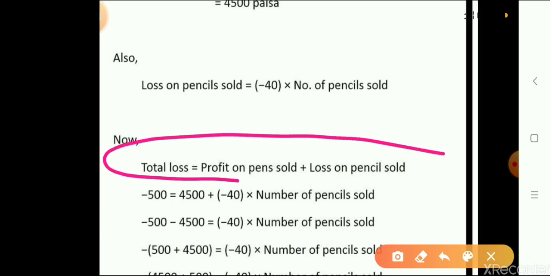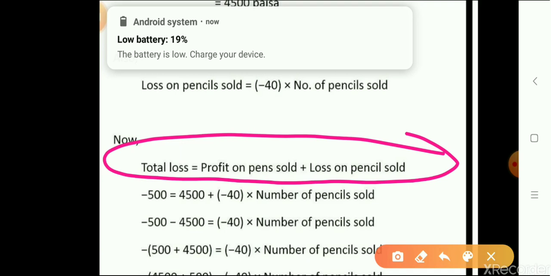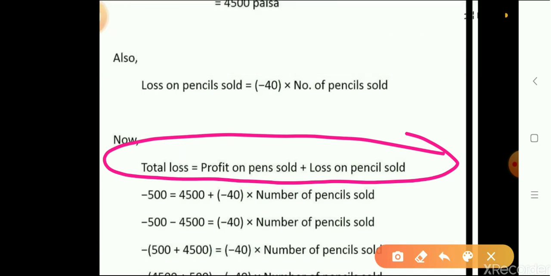Here we are calculating the total loss or the overall loss, because in the question itself it is given the overall loss in that particular month is rupees 5 and it will be equal to the profit on the pen sold plus loss on the pencil sold.